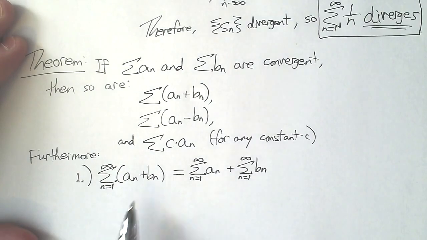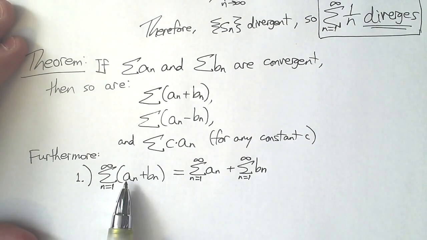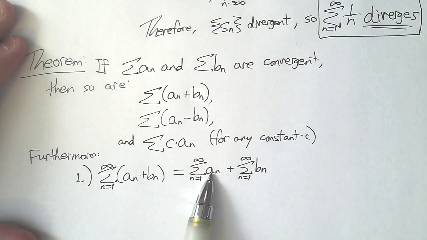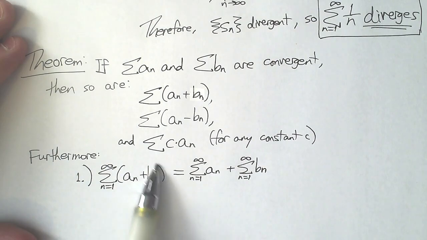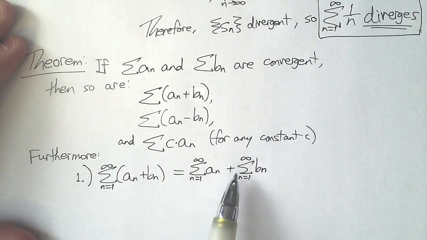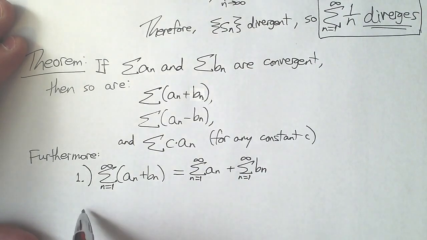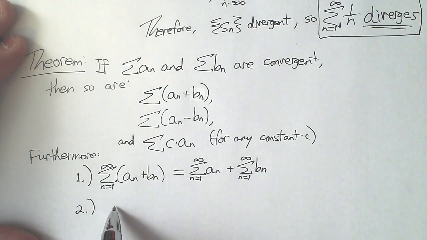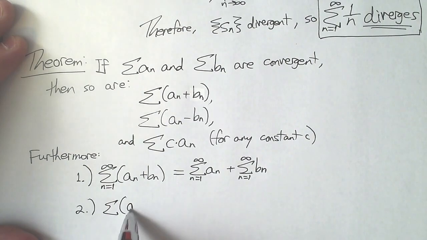I think if you think about it, this kind of makes sense because a series is just a lot of numbers with plus signs in between them. So there's an awful lot of plus signs going on, but it's okay to split them up like that. Same thing is true with subtraction.